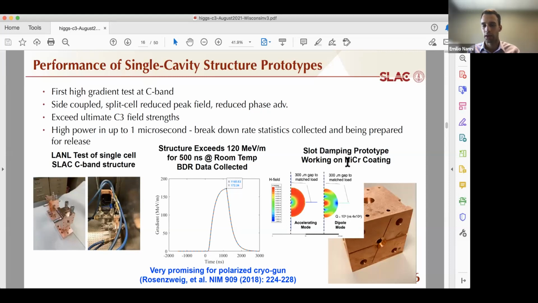And in particular, we're pursuing an approach where we would coat it with nickel chrome, which has a relatively low conductivity at cryogenic temperatures. So it improves its ability to absorb RF power from these dangerous higher order modes that can destabilize the beam.